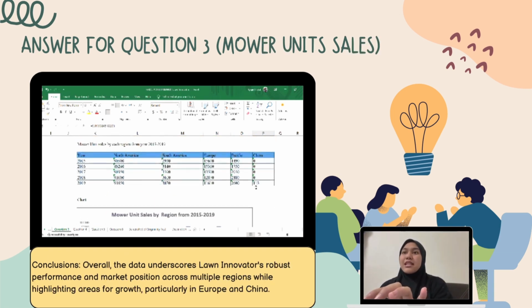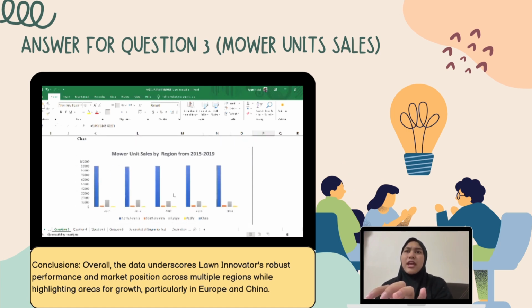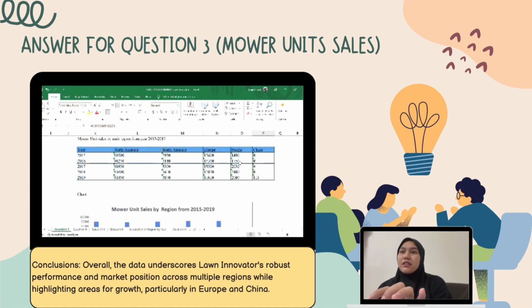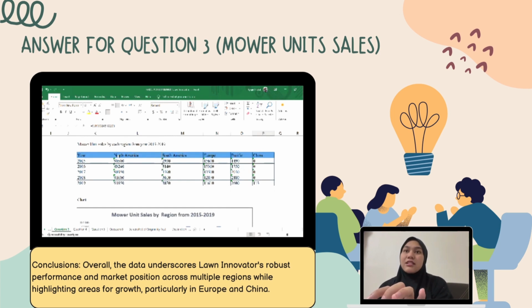The mobile unit sales data from 2015 to 2019 indicates a strong and consistent market presence for Loan Innovator, particularly in North America, where sales remain the highest, peaking at 91,850 units in 2019. Sales in South America also show a positive trend, increasing from 2,930 units in 2015 to 3,870 units in 2019.